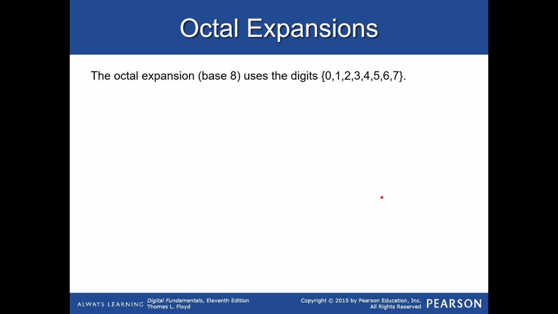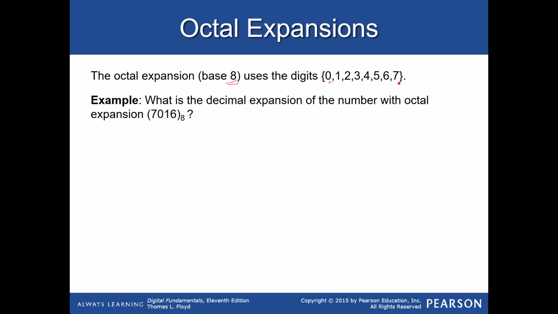Octal means 8 in Latin. So the base octal is 8. This means that we have 8 digits from 0 to 7. If somebody asks us to find the equivalent of some octal number, so we have here this number, 7016.